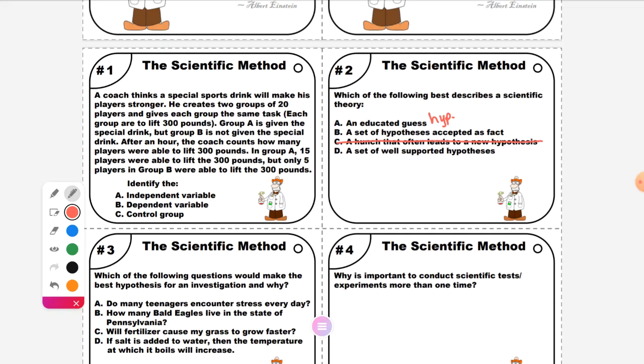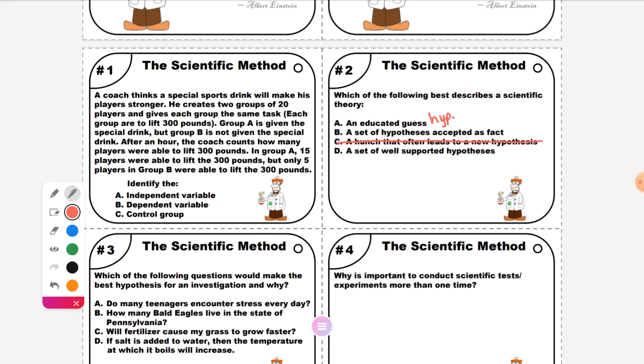So this one is saying our hypothesis accepted as fact. What is our hypothesis, Addie? An educated guess. So it's saying our educated guess is accepted as a fact. That is an absolute fact. D is just saying a set of well-supported hypotheses, meaning it was proven to be true. You have the support, you have the evidence that your hypothesis is true.